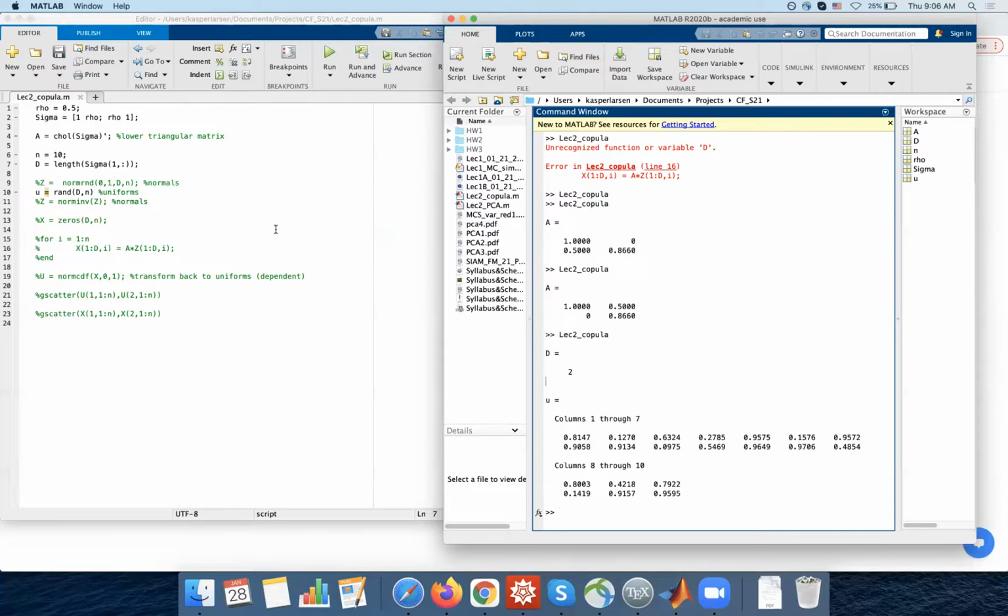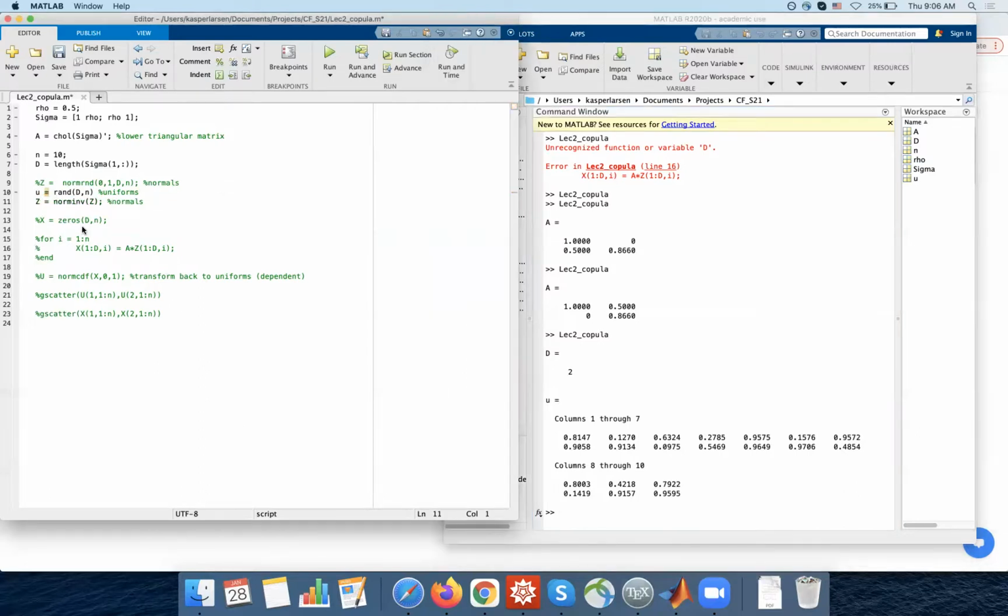The first step is to transform them into standard normals. Looking at the slides from before, we need the inverse function of the standard normal distribution. In MATLAB, that function is called norminv.